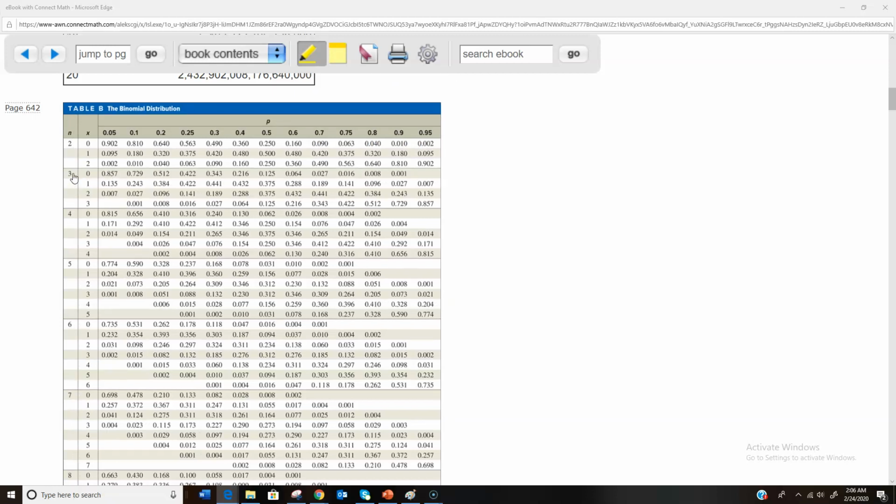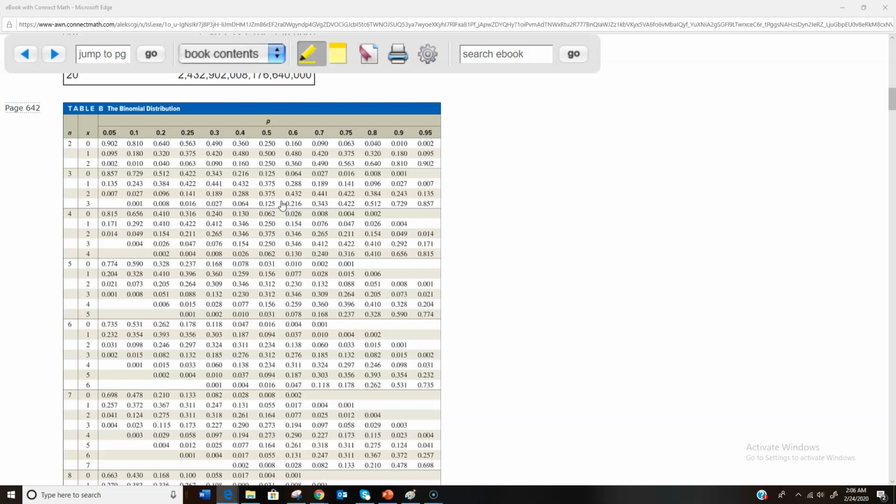I'm not sure it's going to let me do that. All right, we'll just have to follow along. N of 3, X of 2, because we had 3 trials, 2 successes, and then we follow over to our P of 0.5. See how it's up above here? And so this is our number for our probability of that happening.